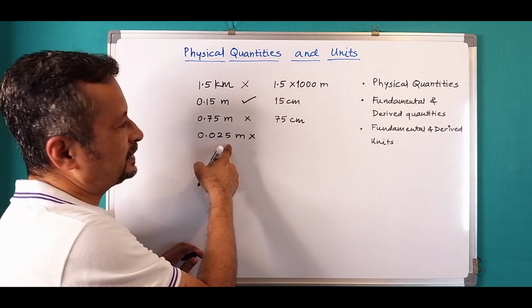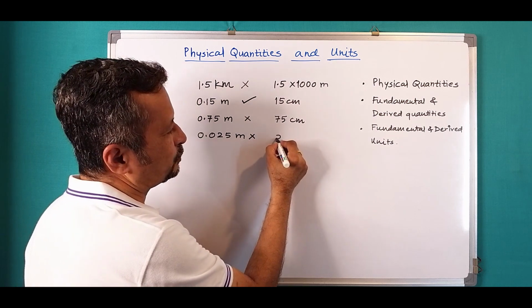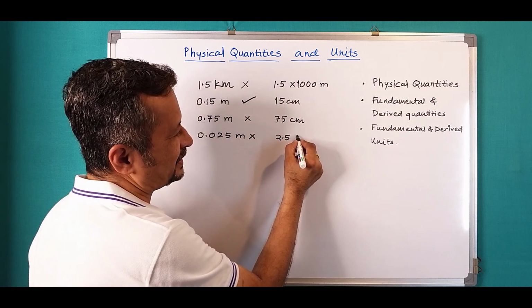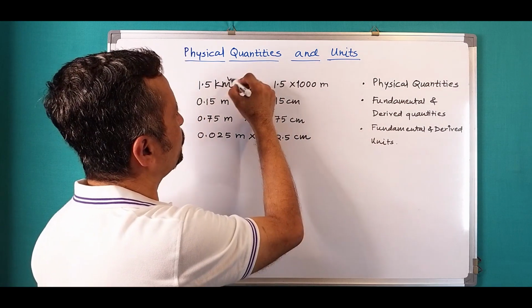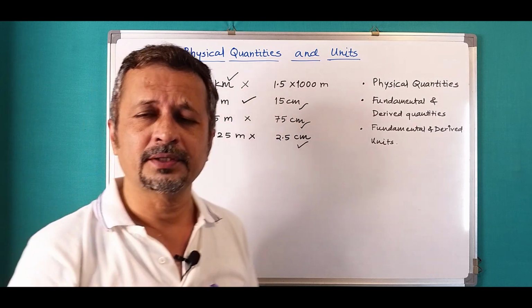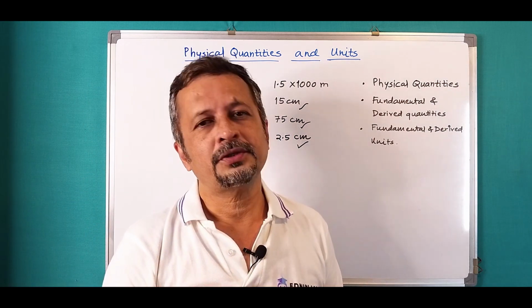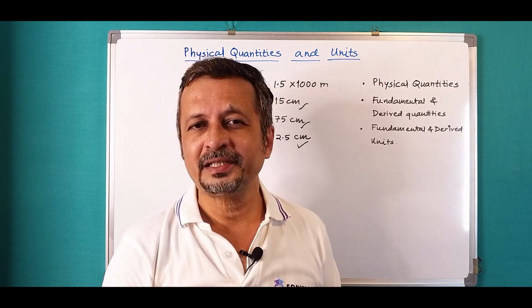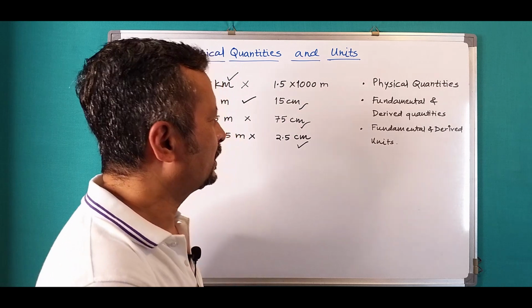And again this 0.025 meter would be 2.5 centimeter. Correct. Now here you see kilometer, centimeter, centimeter, centimeter, right? These are different multiples of the basic unit. So how do we do that?